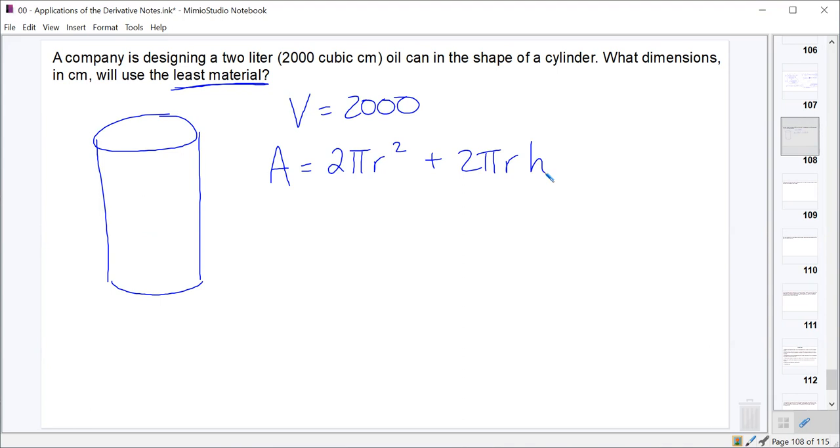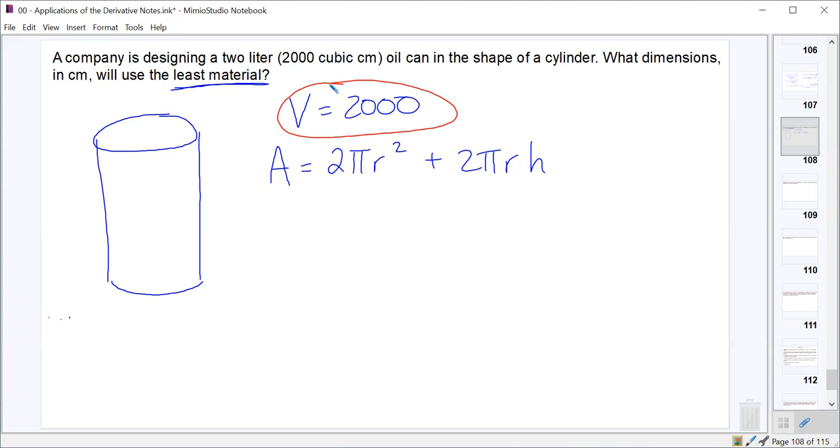So we've now got a formula for the surface area, but we've got this formula in 2 different variables, both r and h. So we've got to find a way to sort of get this into one variable. The way we're going to do that is by using this information that was given to us about the volume. We know that our volume is 2,000.